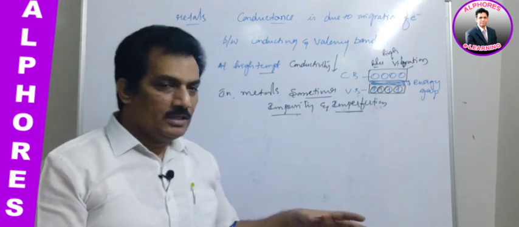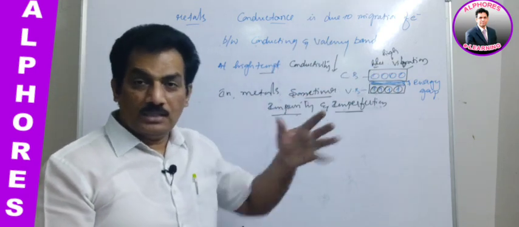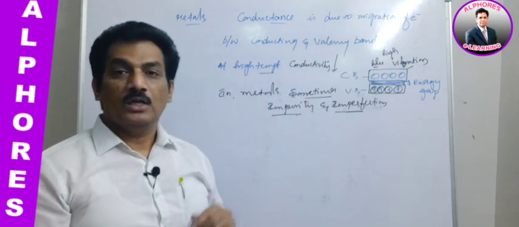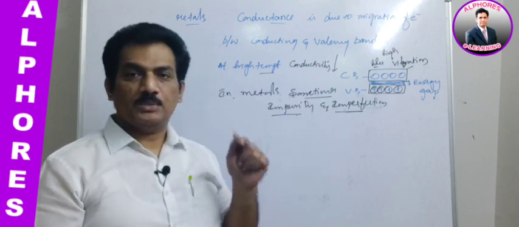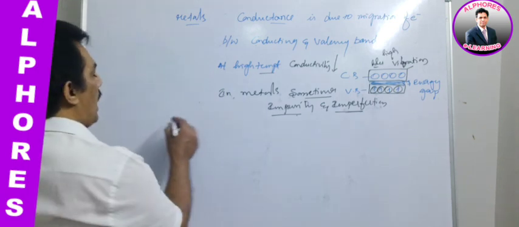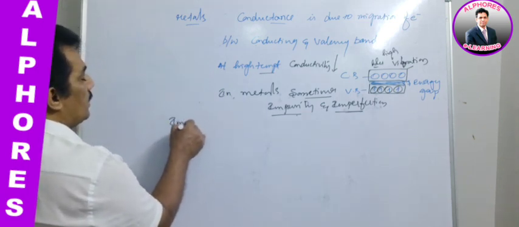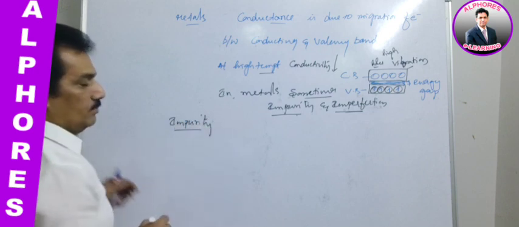Sometimes when it is a pure metal, the conductance happens like this, and sometimes the conductance is also influenced by impurity and imperfections present in that metal crystal. Clear? And now the question is, how much impurity is present? How can we consider the magnitude of impurity in a given metal?